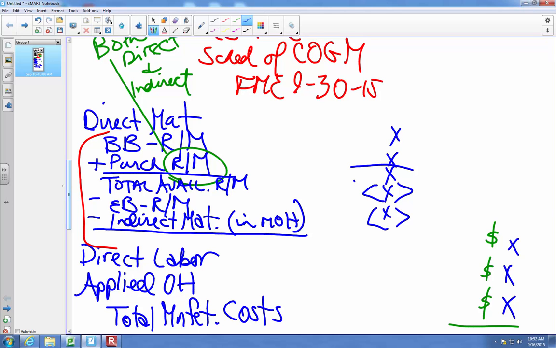Okay, and let's just say this. We should all be able to do this out of our heads. What's the journal entry when I apply overhead? I credit overhead and I debit. When I'm applying overhead to a job, I debit WIP. What goes in WIP?